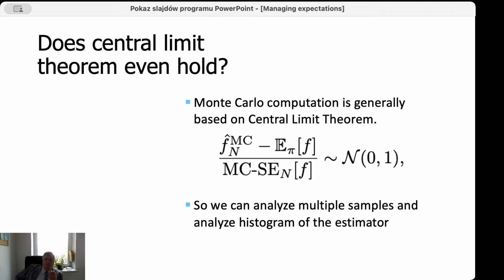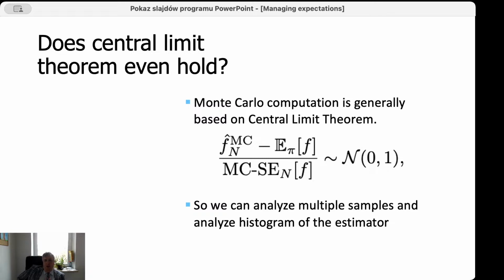And Monte Carlo computation is based on the central limit theorem. If everything is okay, then the estimator of the quantity of interest, in our case the expectation of the x value, should be normal.